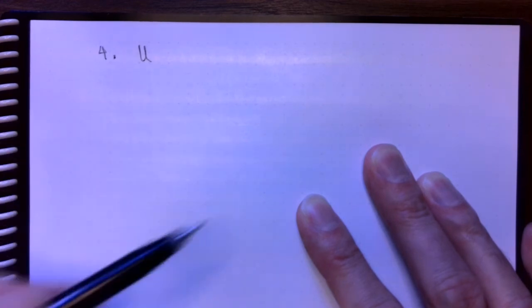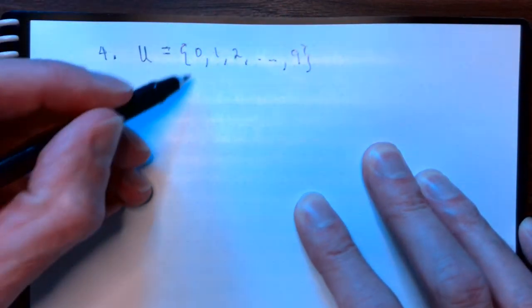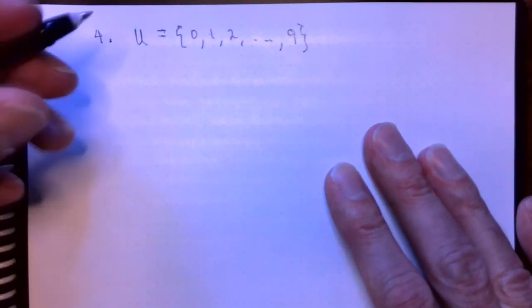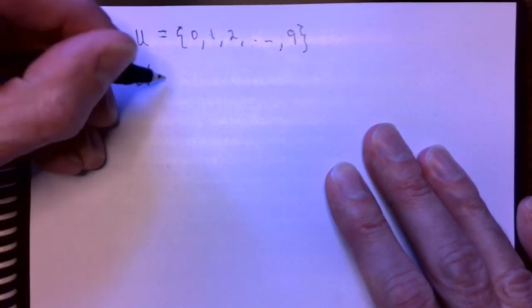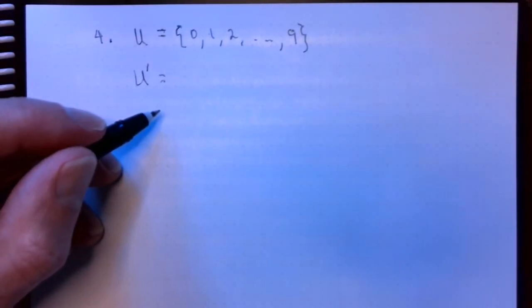Let's take the universal set itself. That was written on the other page, but I'm sure you remember what it was. It was whole numbers 0 through 9. I'll just do a little shorthand there: 0, 1, 2, we keep on going until we hit 9. If I were to take the complement of this universal set, think about it.